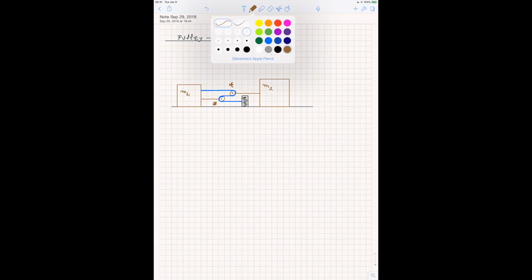and now there's a force here acting on that object, a known force moving that whole system to the right. So I think I have drawn everything at this point.